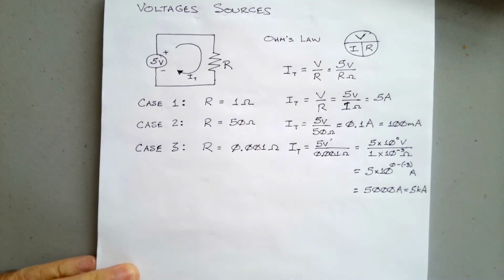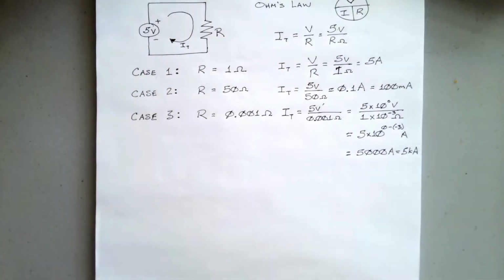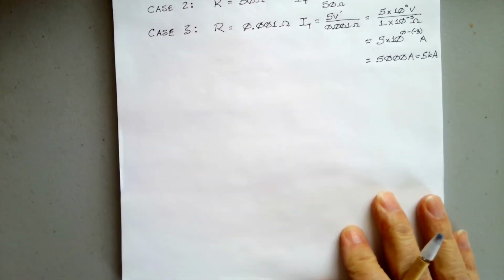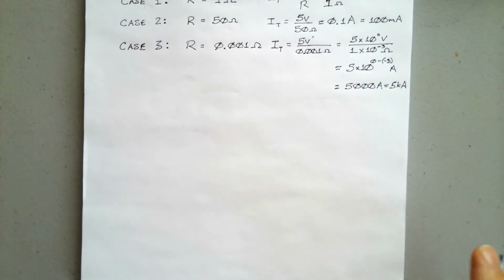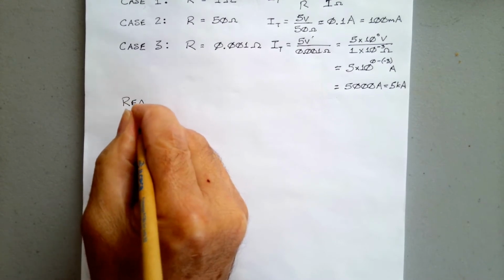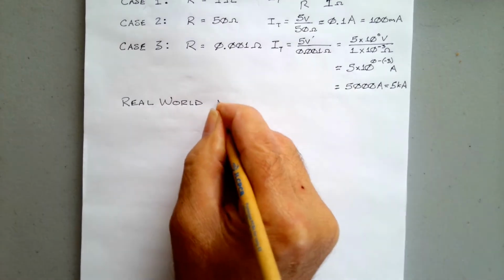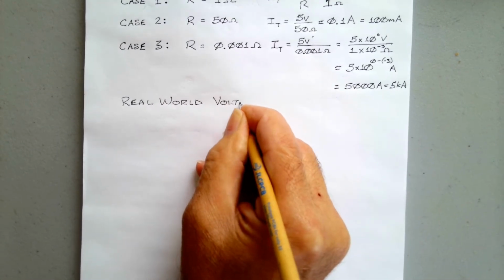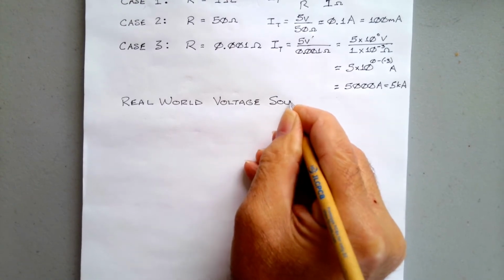I'm going to move my paper up here a little bit. Now let's talk about real world voltage sources, if you will. Real world voltage sources have an internal resistance.